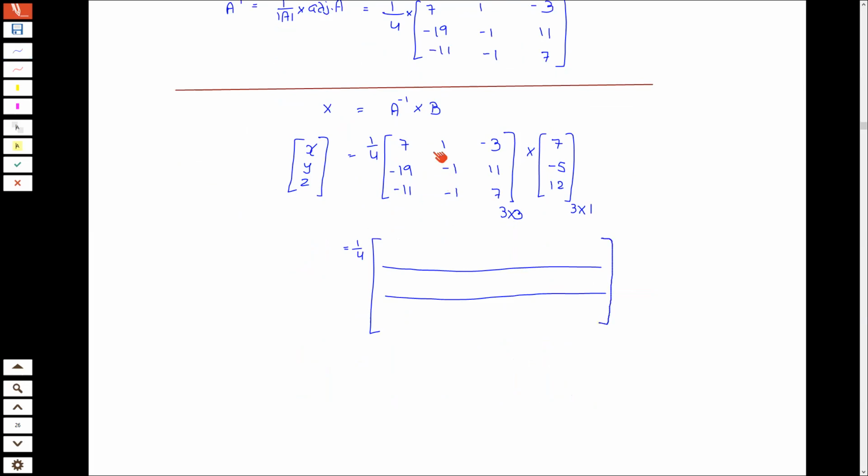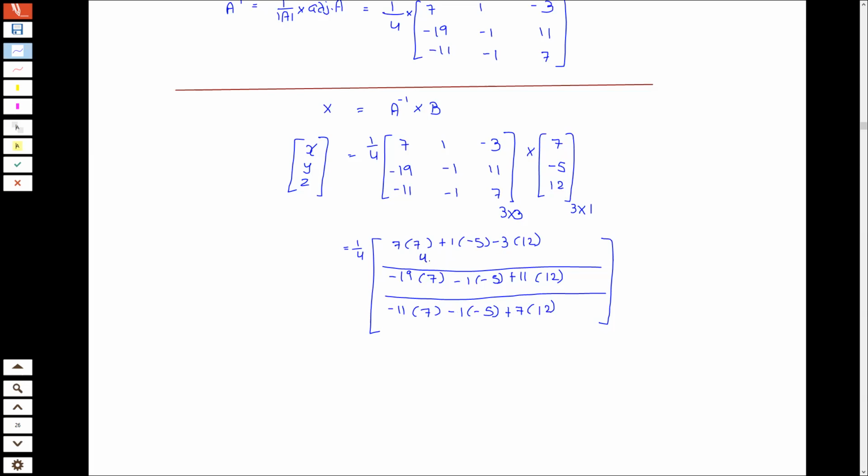I will write like this: 7, 1, minus 3 times 7, minus 5, 12, and so on for each row: minus 19, minus 1 and 11, and minus 11, minus 1 and 7.